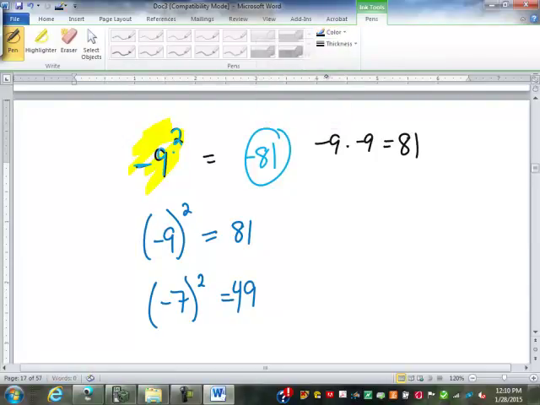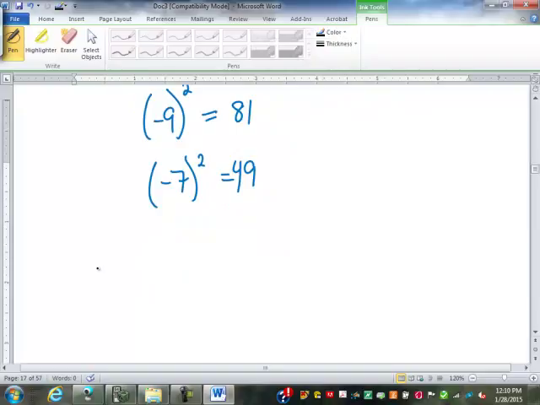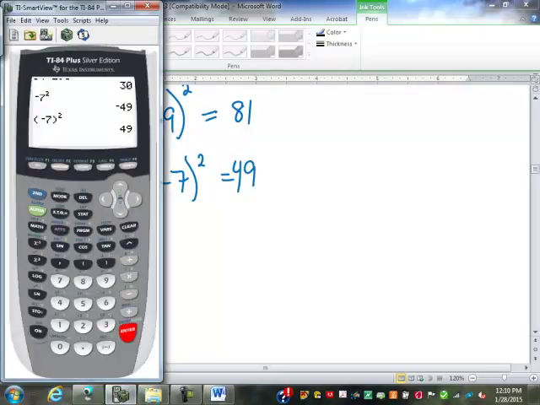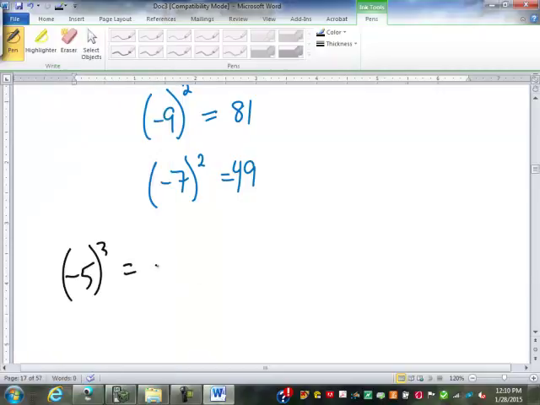Let's look at some of the other powers. What if we have a negative 5 to the power of 3? Well, that'll be a negative 125. And it makes sense. If you think of it, that's 3 negative 5s multiplied together.